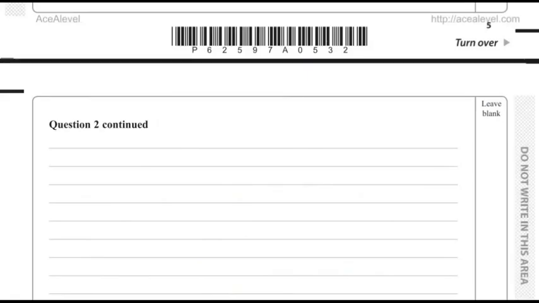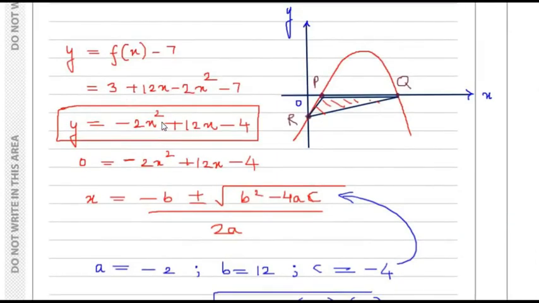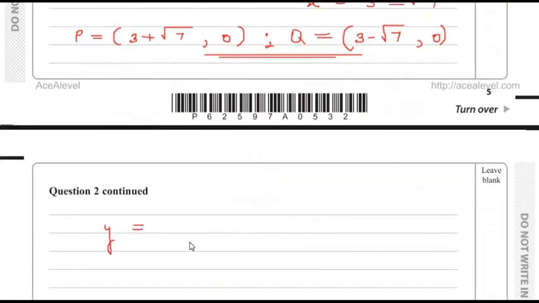So we get y is equal to, if x becomes 0, this term becomes 0, this goes down to 0, and we are left with negative 4. So y is negative 4. So we get the coordinates of R as 0, comma, negative 4.